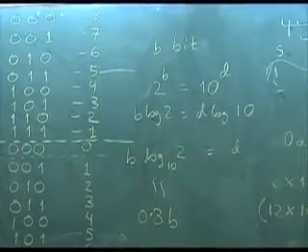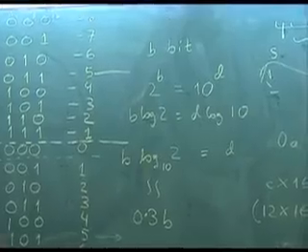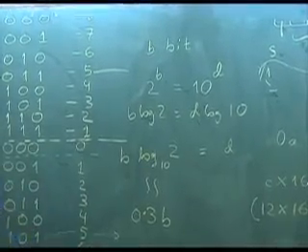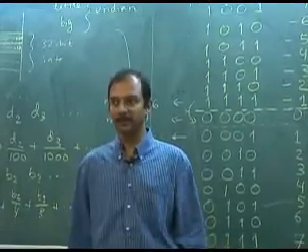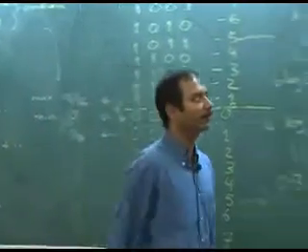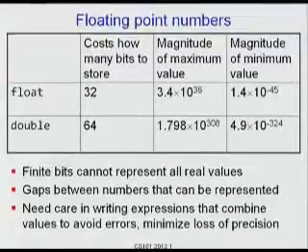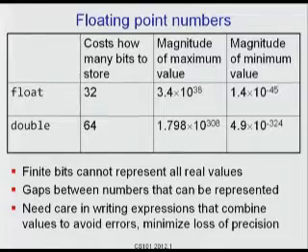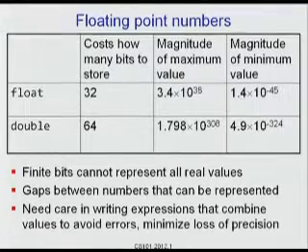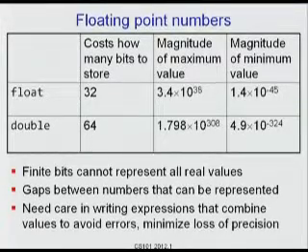So if I give you 30 bits, you get roughly 9 to 10 digits of decimal representation, about 1/3, so it's less than 1/3. If you use that and work out all the details, you will see that floats can represent a maximum magnitude of about 3.4 into 10 to the power 38 and a minimum magnitude of 1.4 into 10 to the power minus 45.